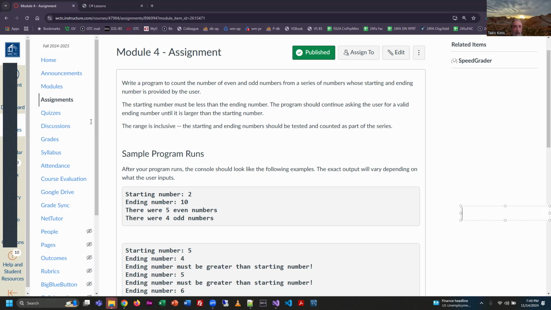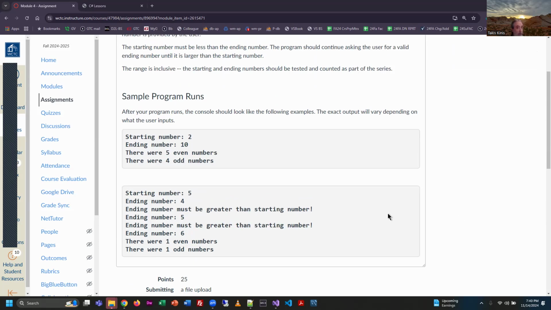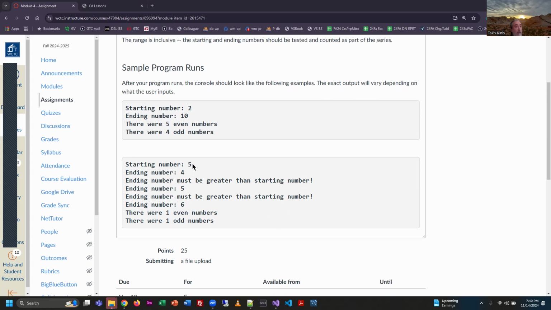Now, here's also an example of the program running incorrectly. So a starting number of 5 and an ending number of 4. I can't count from 5 to 4. I also can't count from 5 to 5, but I can count from 5 to 6. If I go from 5 to 6 and create a sequence, I have one even number and one odd number.